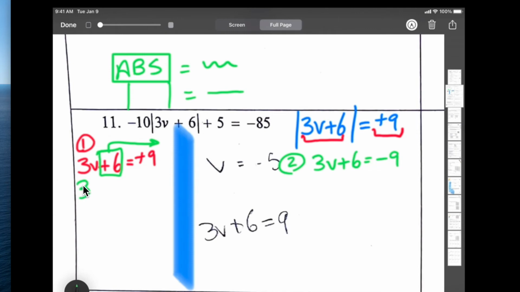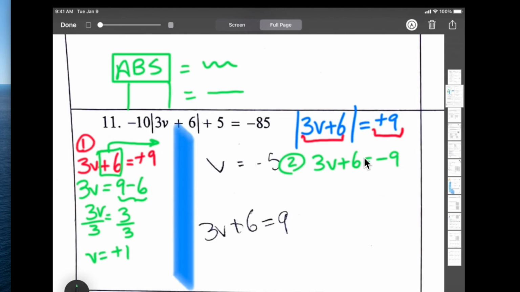So that's going to give us 3v equals 9 minus 6. We can then combine those because they're constants. We have 3v equals 3. And if we divide both sides by 3, getting rid of that neighbor, we get v equals positive 1.